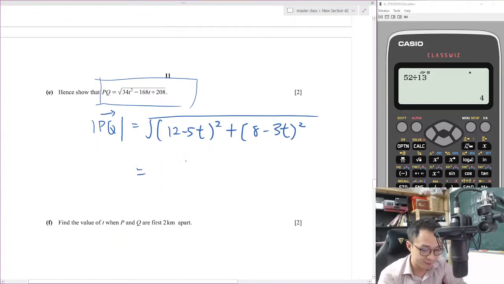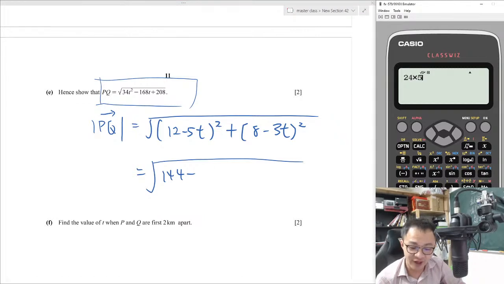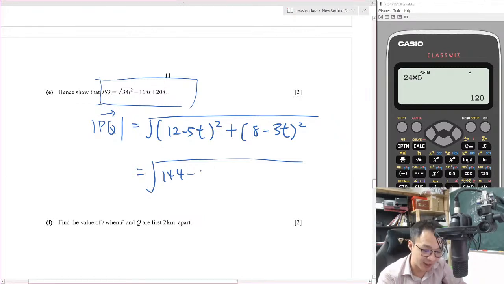So here, let's see what we will get. It's 144 minus 24 times 5, 120, isn't it? Minus 120t, and then plus 25t squared plus 64 minus 48t plus 9t squared.